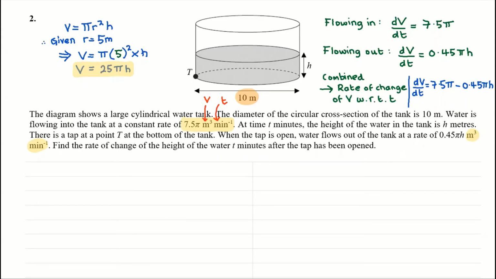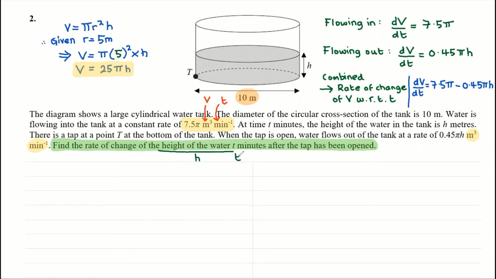Now, for the question, we're told to find the rate of change of the height of water. So it's a good idea to write this mathematically. Find the rate of change of the height of water t minutes after the tap has been opened. So mathematically, the height of the water there, that's obviously h, and then the time t minutes after the tap has been opened.